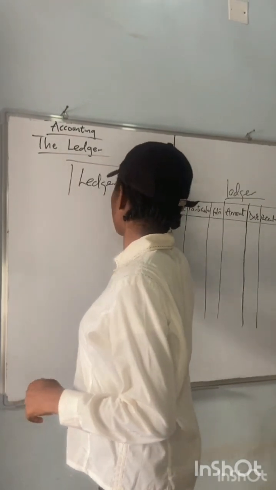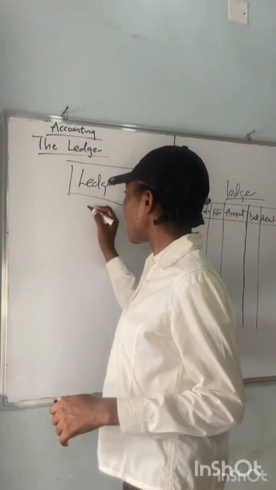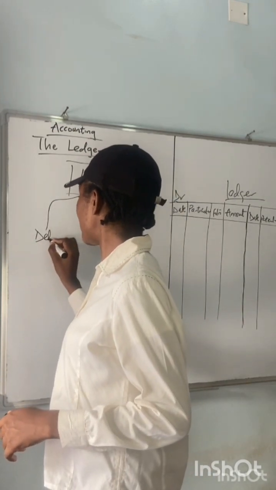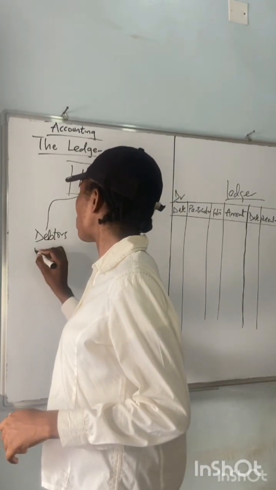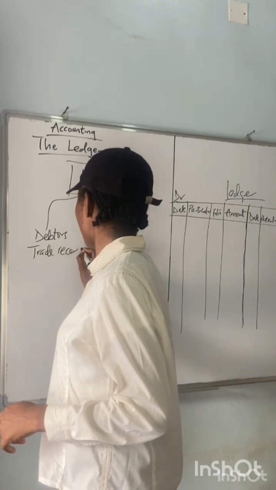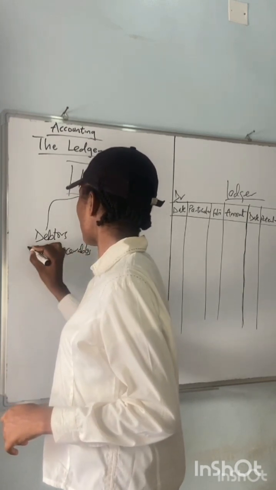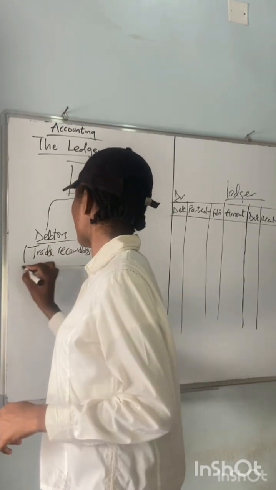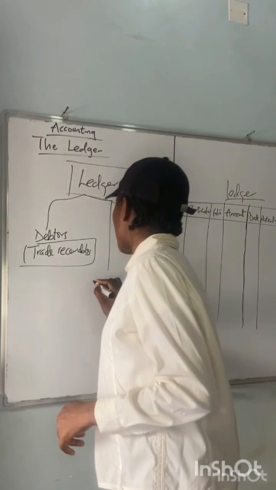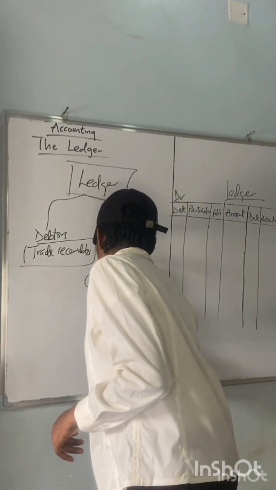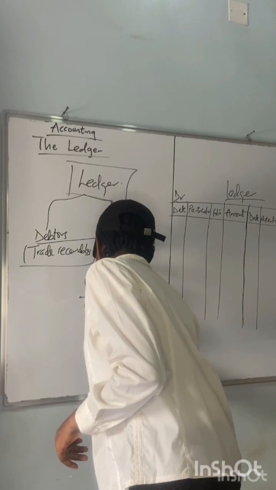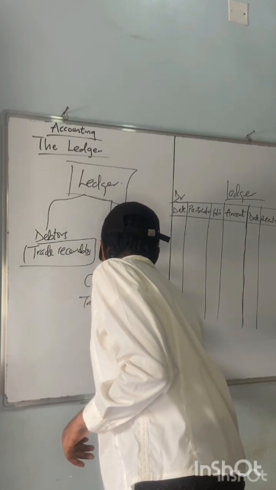Now this is our ledger account. Our ledger can be classified into four. We have our debtors ledger, also known as trade receivables. We have our creditors, or our trade payables.